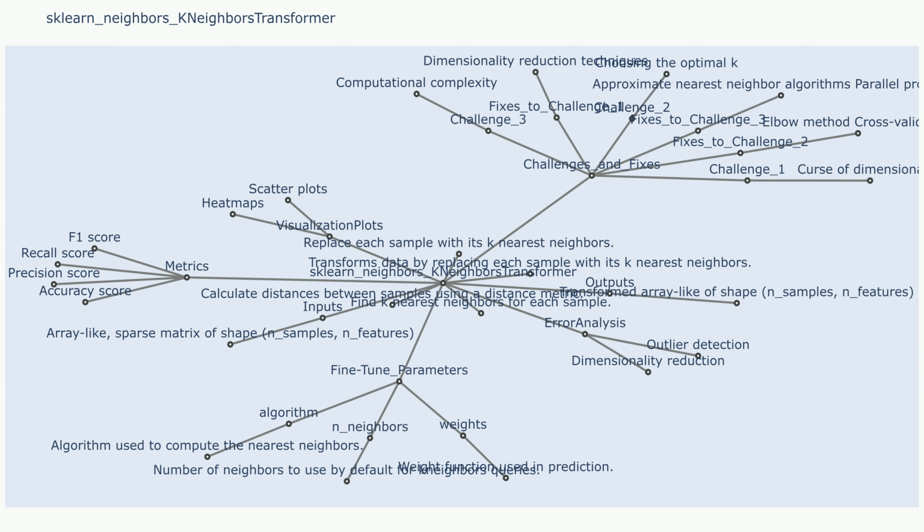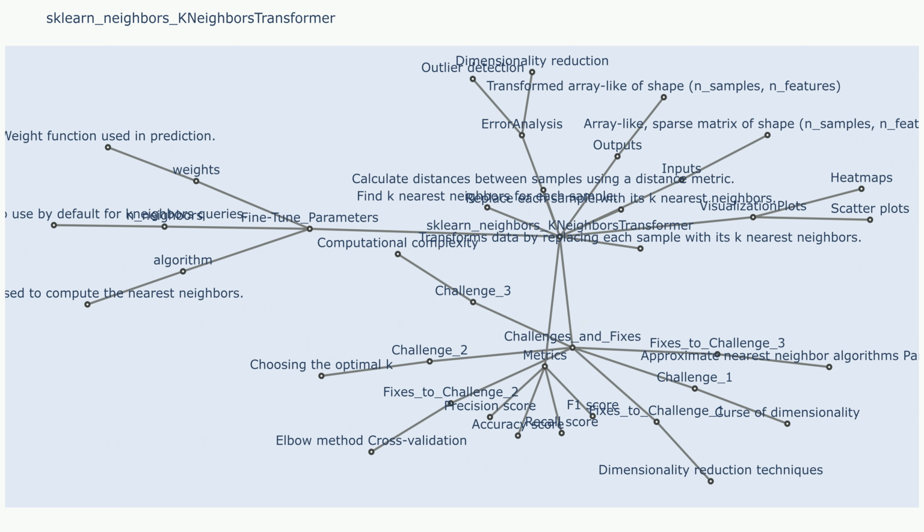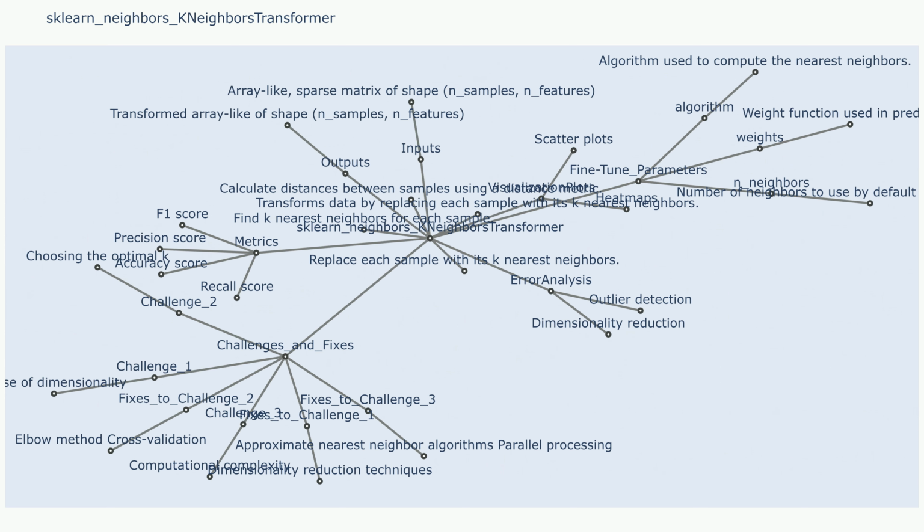Mean. The average of the features of the K nearest neighbors is used as the transformed feature. Median. The median of the features of the K nearest neighbors is used as the transformed feature. Max. The maximum of the features of the K nearest neighbors is used as the transformed feature. Min. The minimum of the features of the K nearest neighbors is used as the transformed feature.